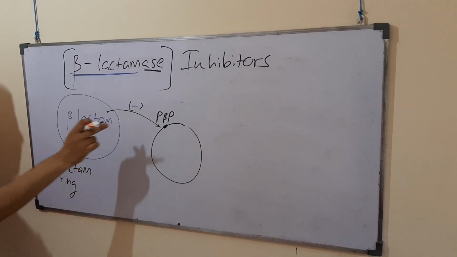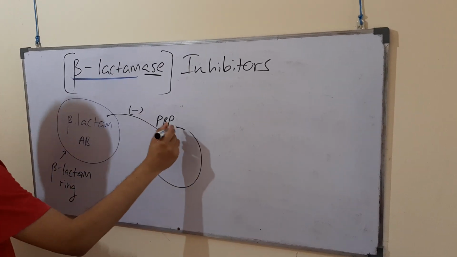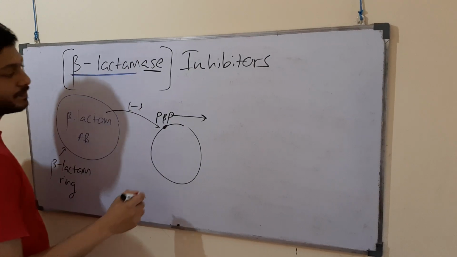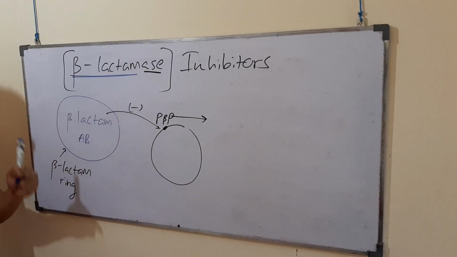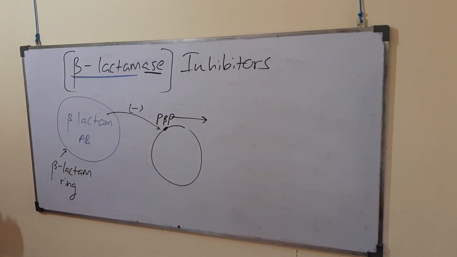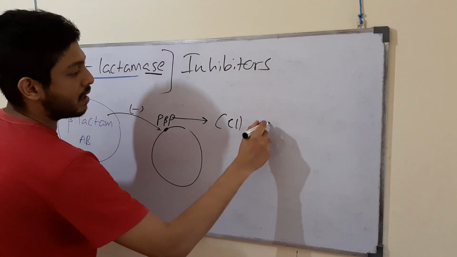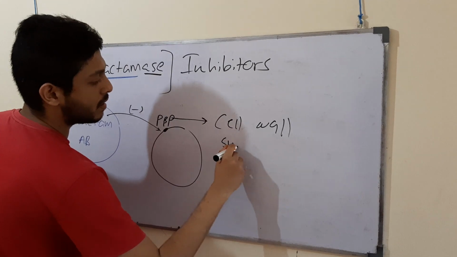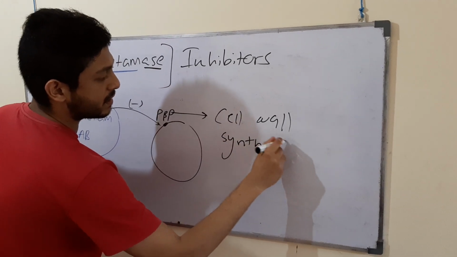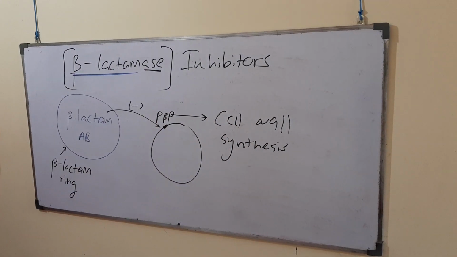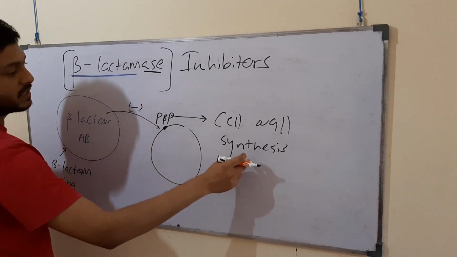The function of PBP is that it forms the crosslinks between the peptidoglycan layers, which is important in cell wall synthesis, right? So PBP is involved in cell wall synthesis.